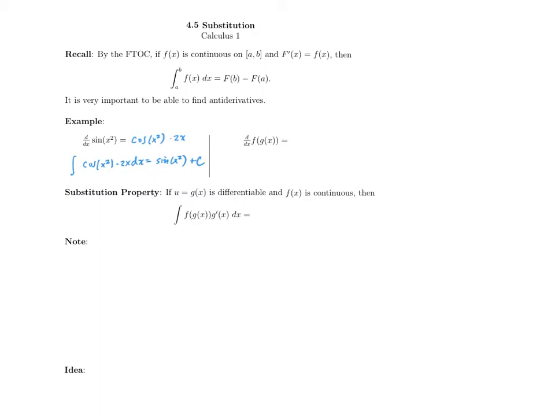In general, we can think about undoing the chain rule. The chain rule for differentiating the composition f of g of x states that we get the derivative of the outside, evaluated at the inside, multiplied by the derivative of the inside. So restating this as an indefinite integral, the indefinite integral of f prime of g of x times g prime of x would simply be f of g of x plus c.